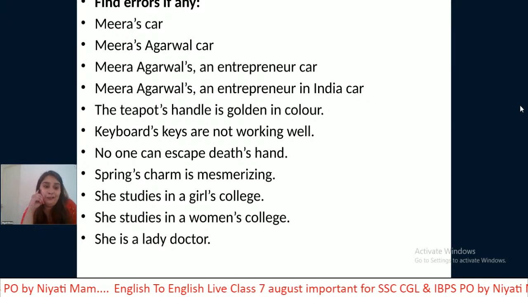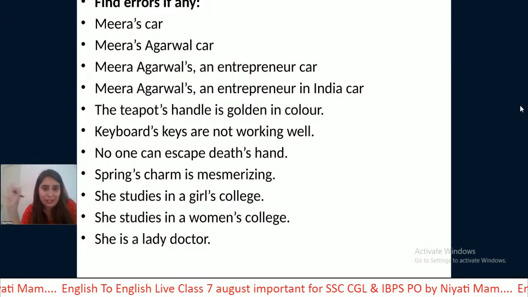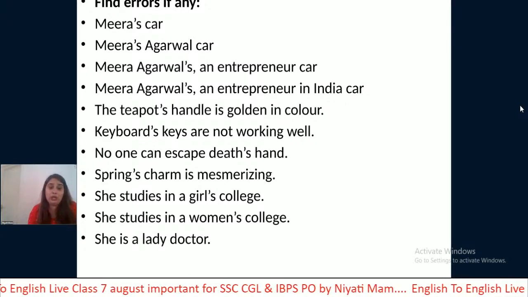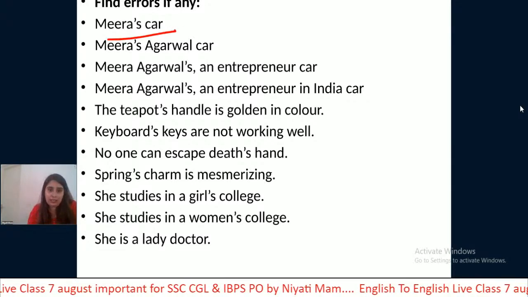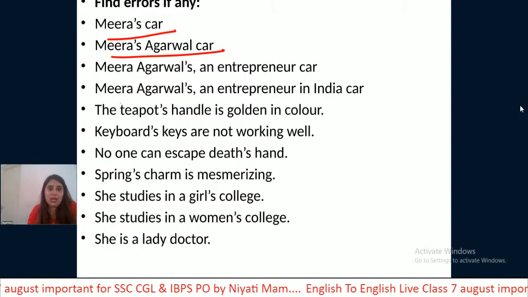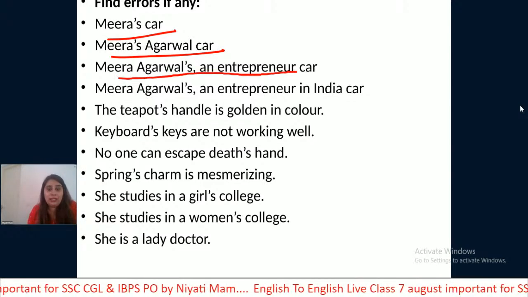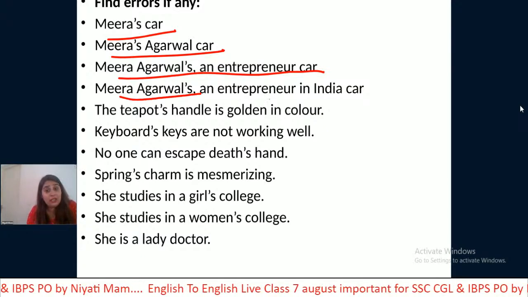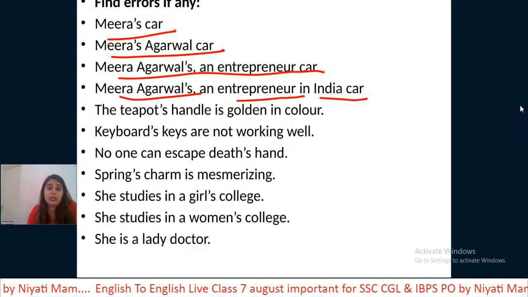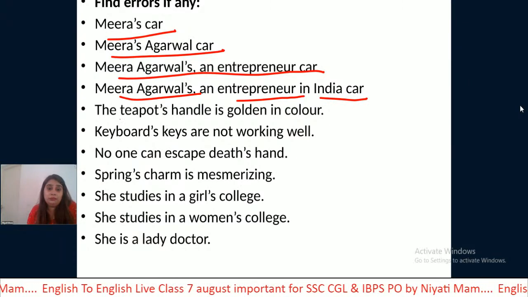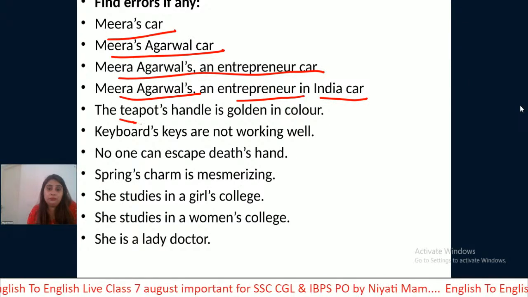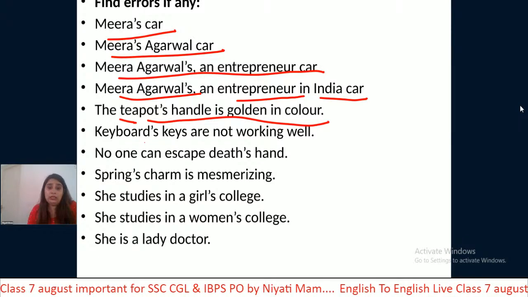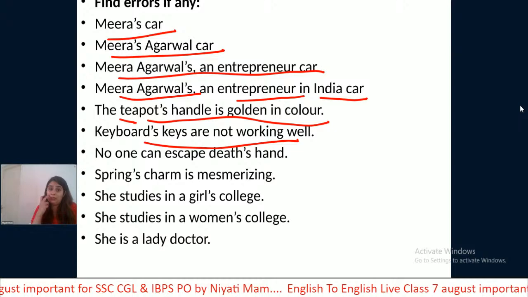Find errors if any. So, okay, fine. This is now the favorite part of my class. There are certain points. Meera's car, Meera's Agarwal car, Meera Agarwal's an entrepreneur car, Meera Agarwal's an entrepreneur in India car. The teapot's handle is golden in color. Keyboard's keys are not working well.